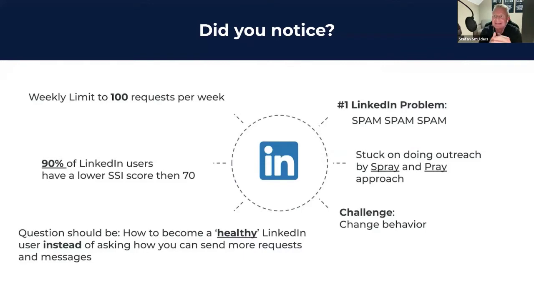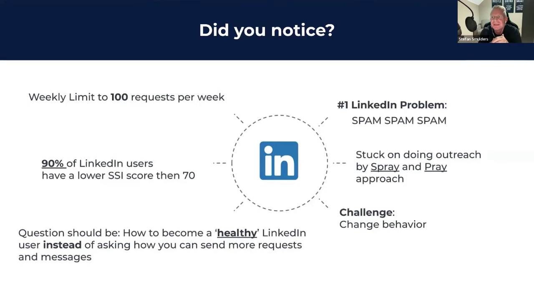So in mid-March, they reduced, in a very simple way, the amount of actions you can do per day. From the old days, we could easily send 100 requests every day, and from April on, they limited it to a total of 100 per week.